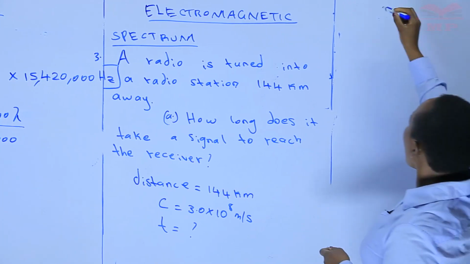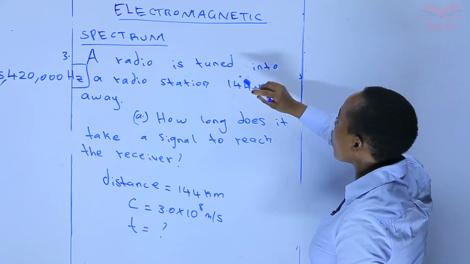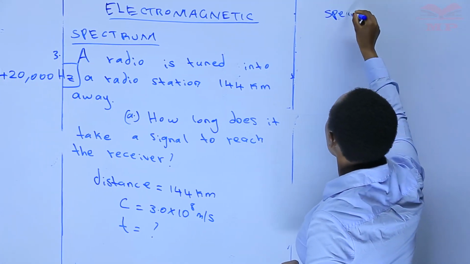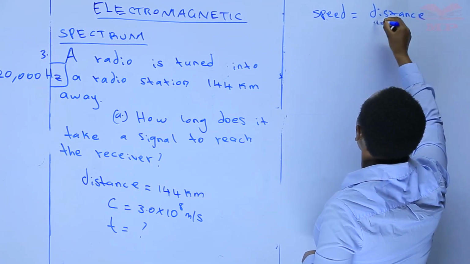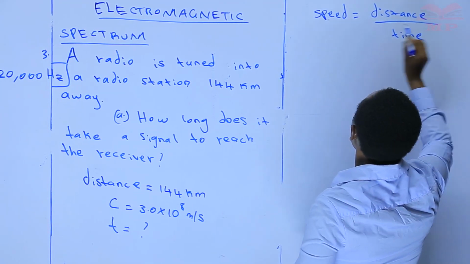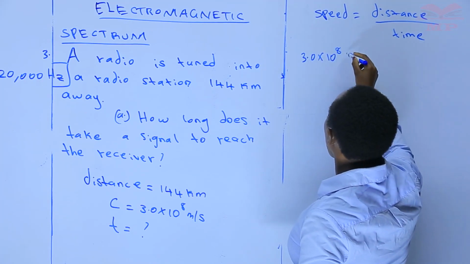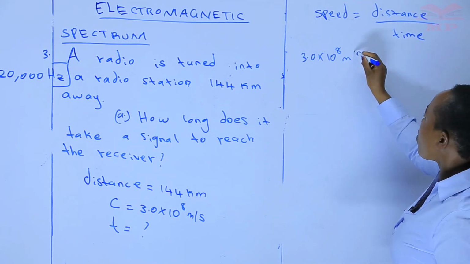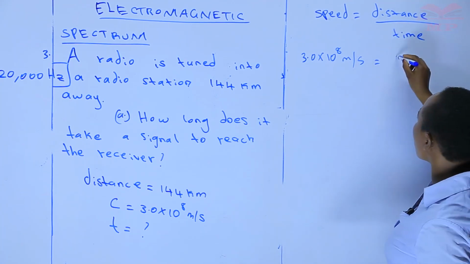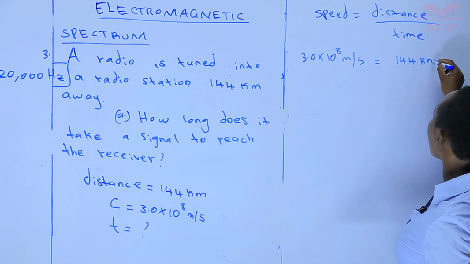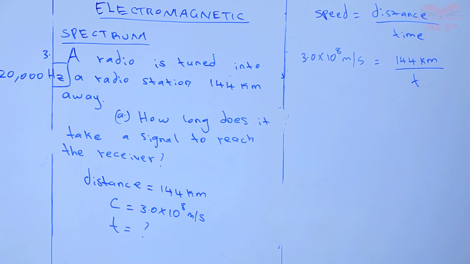So we know that speed is equal to distance all over time. Our speed is 3.0 times 10 power 8 meters per second, equal to distance. Our distance is 144 kilometers. And we want to know the time that will be taken.